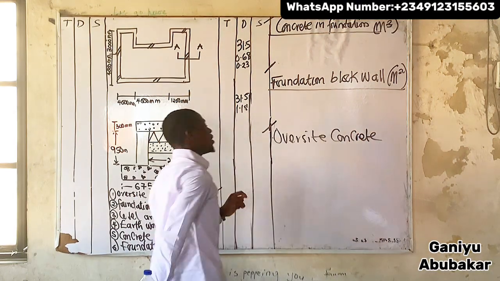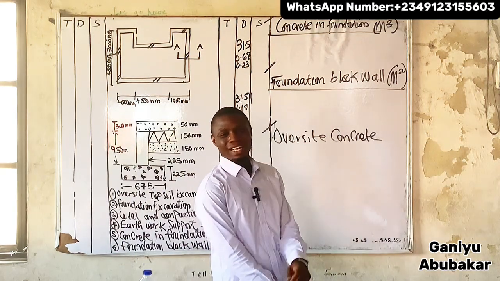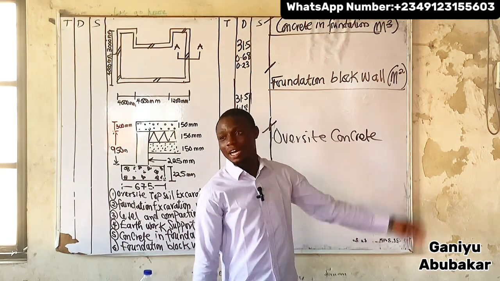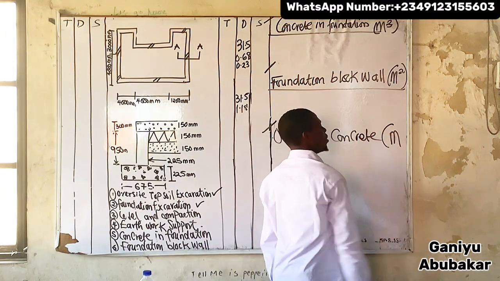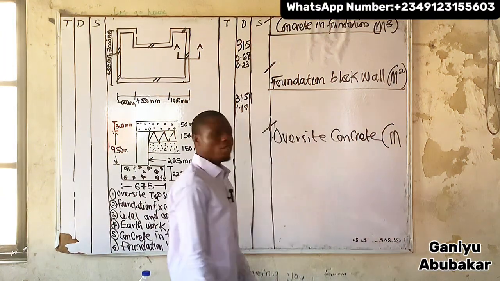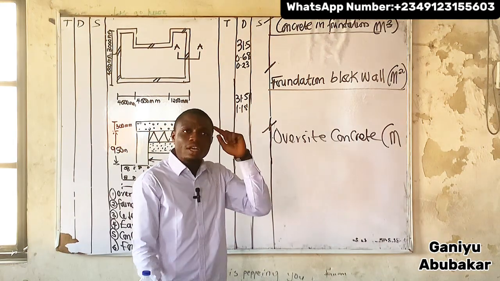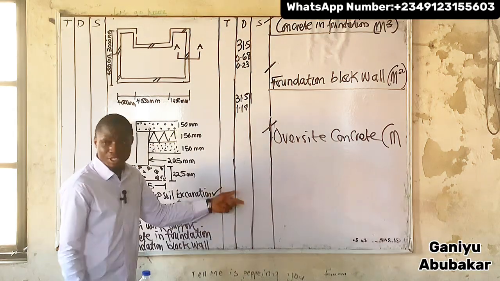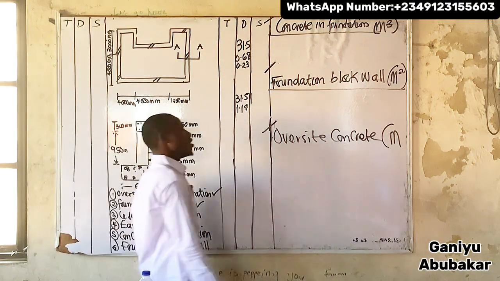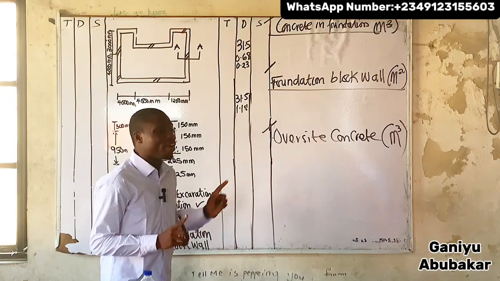All right, please. It's easy. Why centimeter? I used meter from the beginning. It's in meter cube, please. Aside from that, you should know that you have three values here. For oversight concrete, it's easy.